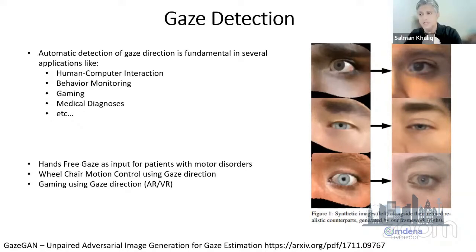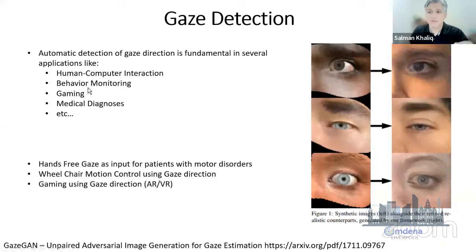For example, people who are paralyzed but can move their eyes can control different functions, if they want to sit, or move around. So they can use motorized wheelchairs and control those things. So in human computer interfaces, gaze detection is one of the applications.